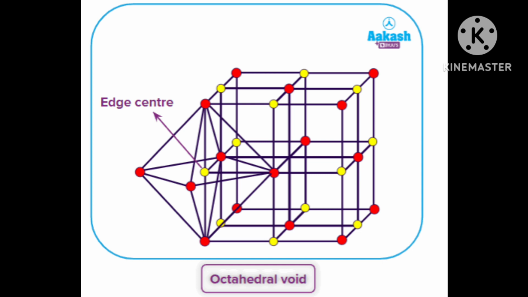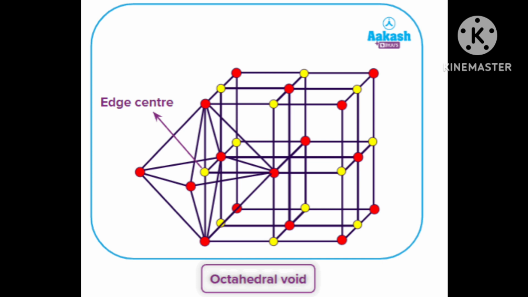So 12 edges make 3 voids, 12 into 1/4. Total voids: 1 due to the body center and 3 due to the 12 edges, so 1 plus 3, total 4.